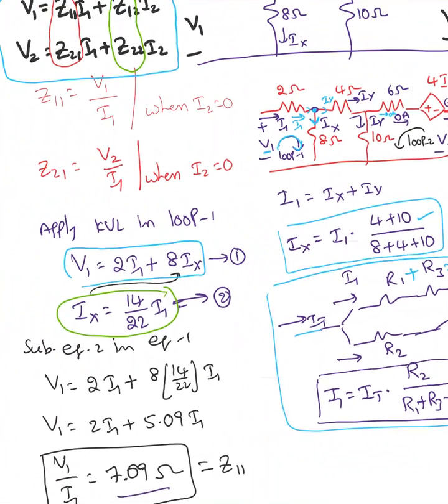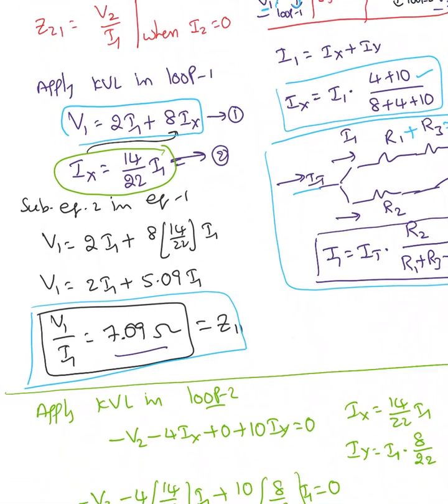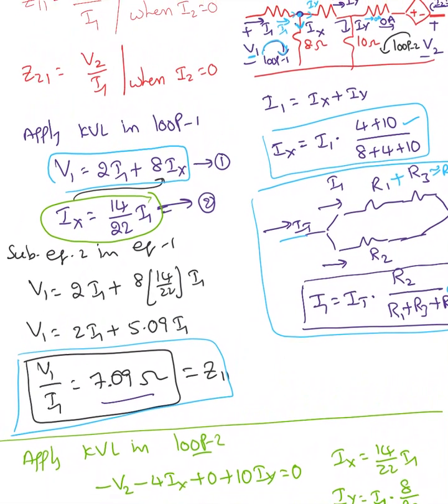Once I know the Ix value, I substituted the Ix value in the first equation. I end up with the relation between V1 and I1, V1 over I1 equal to 7.09 ohm. That is my Z11. Now with one or two more equations, I should be able to find Z21.